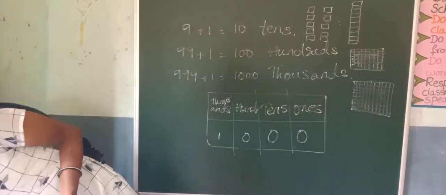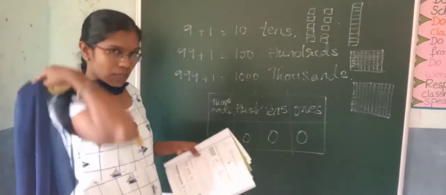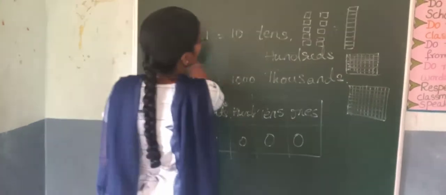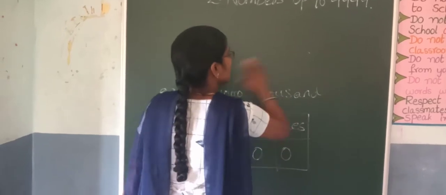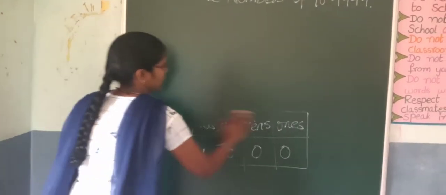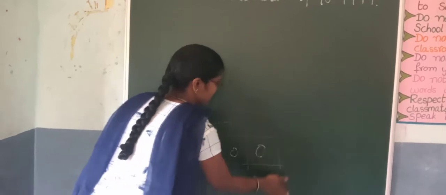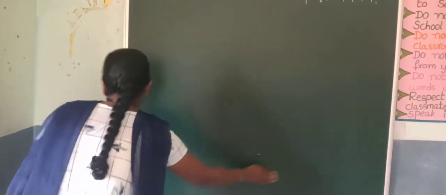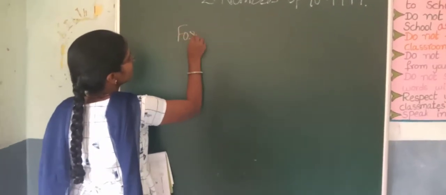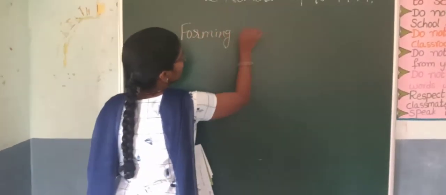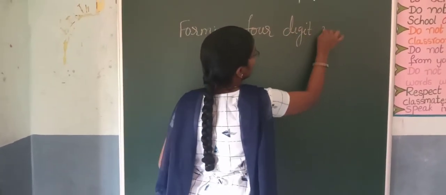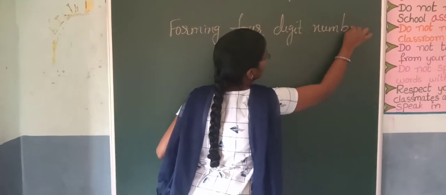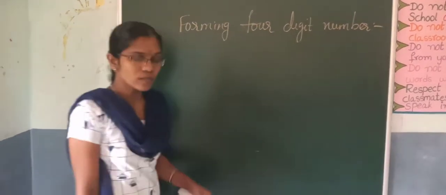Okay. Now see the textbook, page number 65. Here forming 4-digit numbers is given for you. Forming 4-digit numbers.